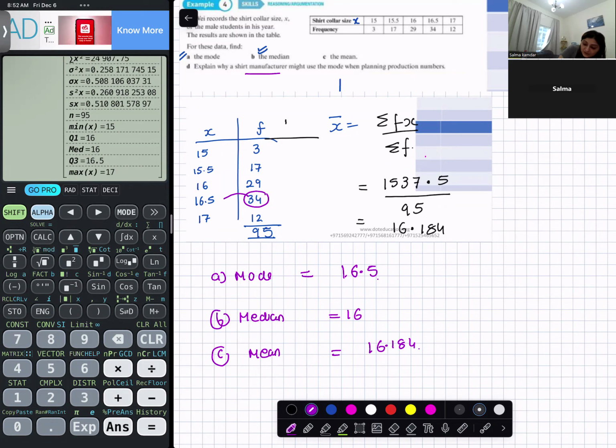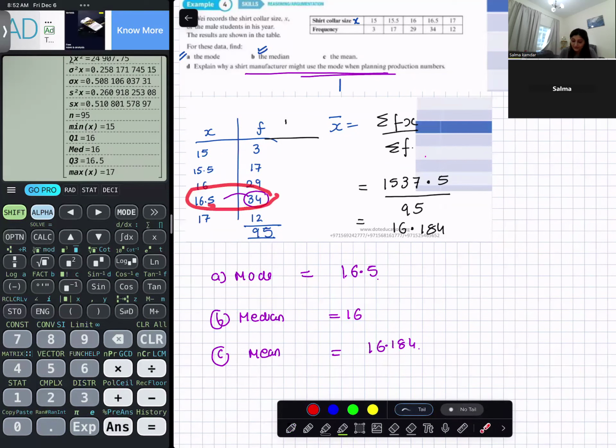Explain why a shirt manufacturer will use mode when planning production numbers. A shirt manufacturer wants to know which shirt size is worn the most. If you see from here, the shirt size that is worn the most is 16.5. So he will use the shirt size worn the most by getting the mode.